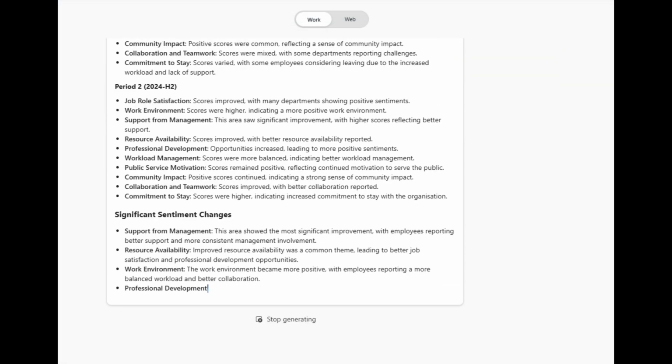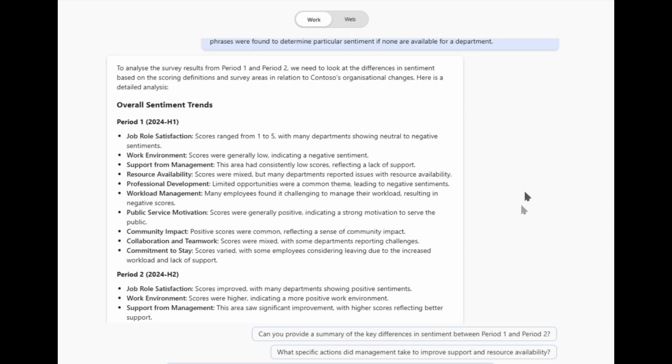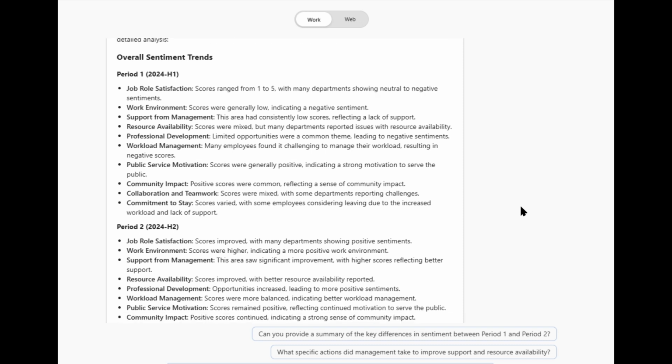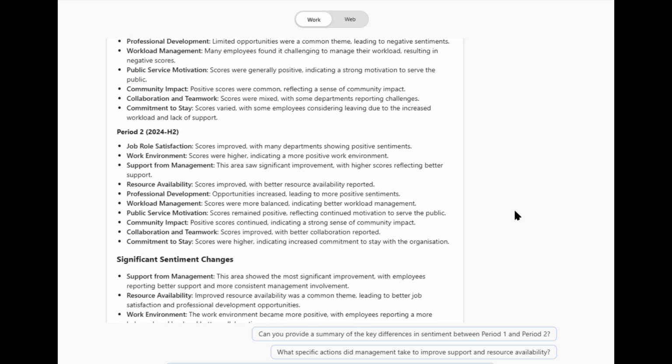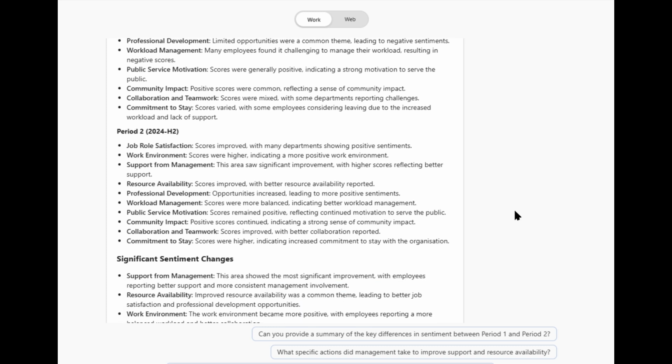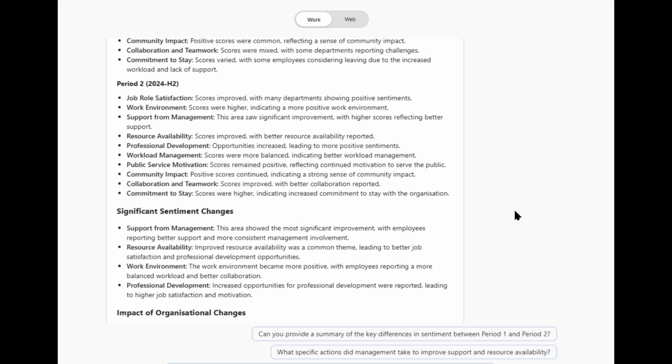Copilot starts by showing us the overall sentiment trends for each period. For H1, many of the departments were showing a neutral or negative sentiment based on our scoring definitions in the prompt. H2 showed an improvement in work environment, management support and professional development. Nice. Now let's factor in the organisational changes in the context of the ERP system and its related processes and IT system updates.